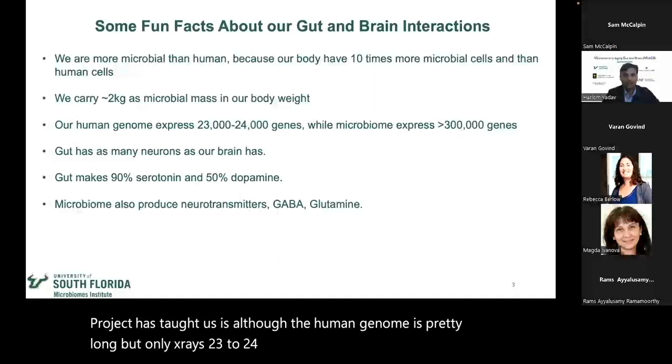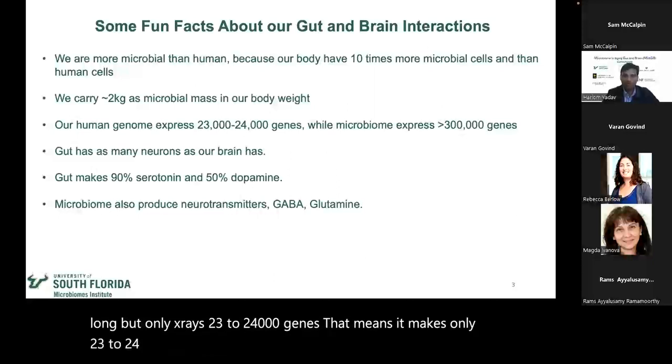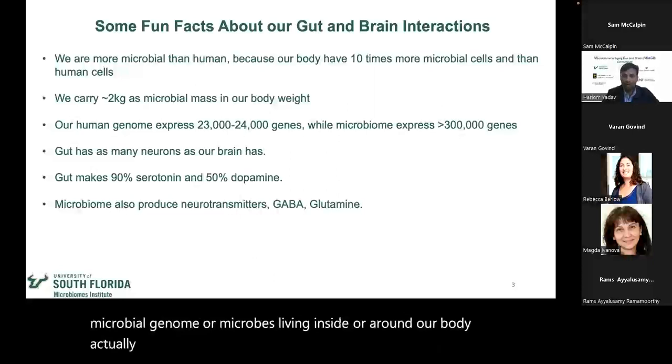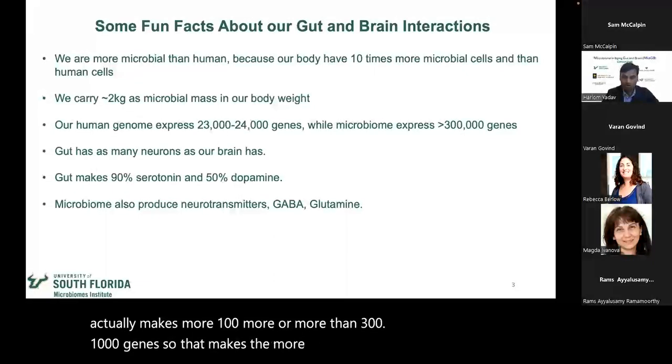That means it makes only 23 to 24,000 proteins at any given time point, right? Whereas the microbial genome, or the microbes living inside or around our body, actually makes more than 300,000 genes. So they make more proteins than our own cells.